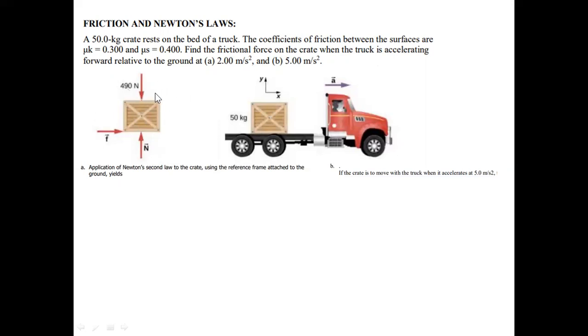We get this value if we multiply 50 kilograms with 9.8 meters per second squared, and the normal force is the counteracting force of the surface, which is opposite to the weight of this crate. Now, I repeat, the normal force is usually the opposite force of the weight. Now, our friction could be either in this direction or this one if the truck stops or goes.